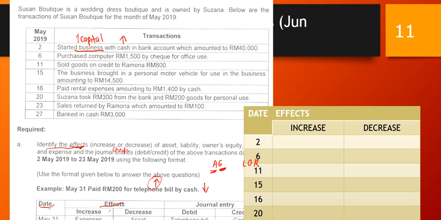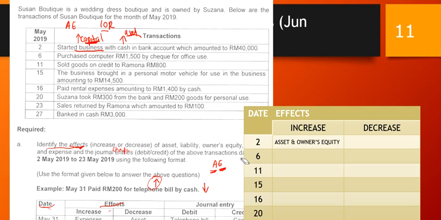So capital increase, cash increase juga. So again, cash ni is your asset. So effect dia increase in asset and owner's equity. Capital kan owner's equity, LOR. That's why effect dia increase in asset and owner's equity. Boleh.